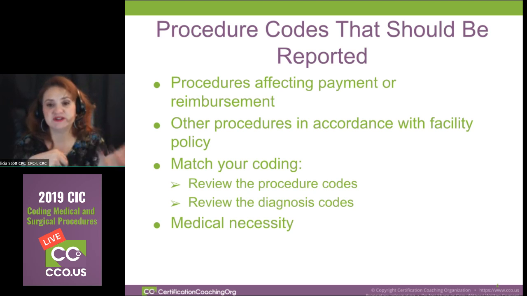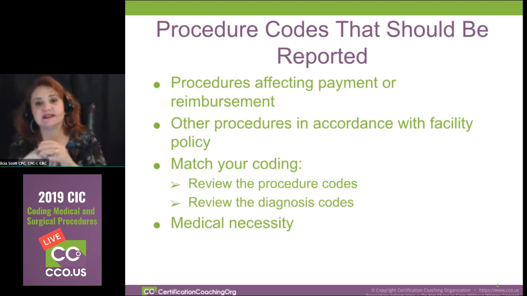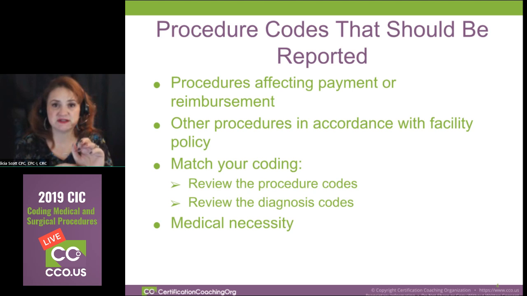There are procedures that are done according to a facility policy, and that is because they know how much money is set aside for a specific diagnosis, right? You are going to have to absolutely match up the procedure codes with the diagnosis codes.